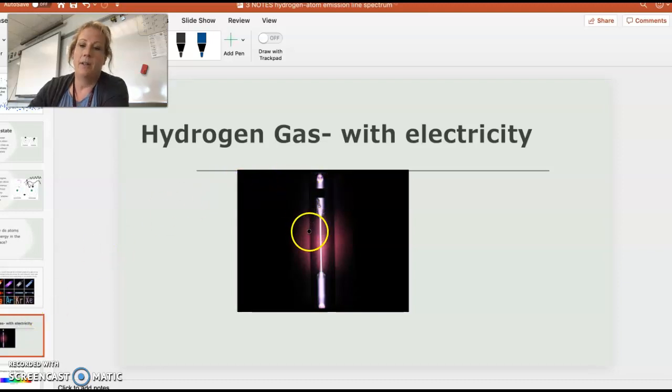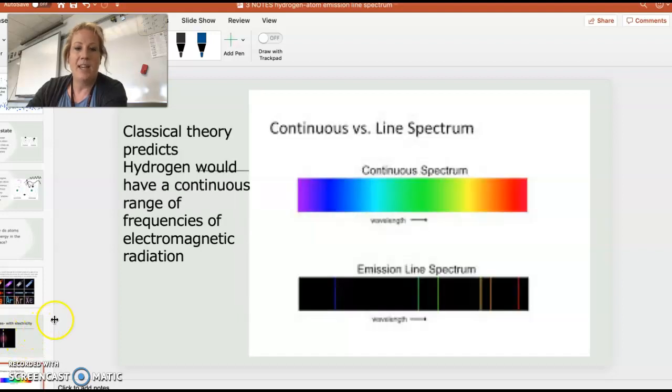So the hydrogen in the emission tube is kind of a pink color. If you were in school that day, you got to see that. I'm going to show it through the video too, and we'll see what kind of colors you see. And then when we use a spectroscope, which is kind of like a prism, it sends the light in and bends it and allows us to see the parts of the light that you wouldn't otherwise be able to see.